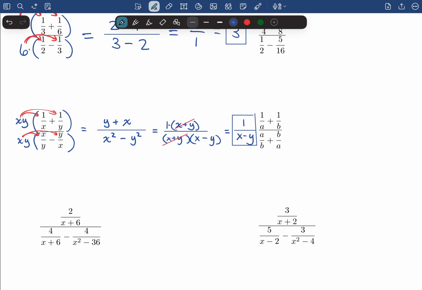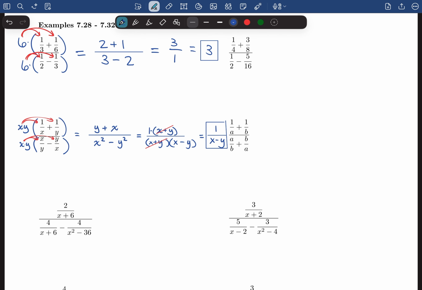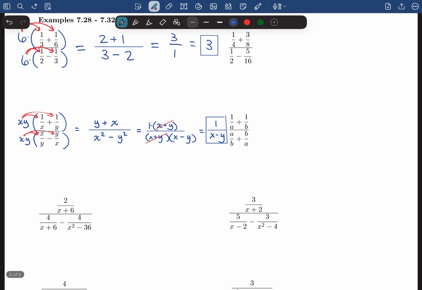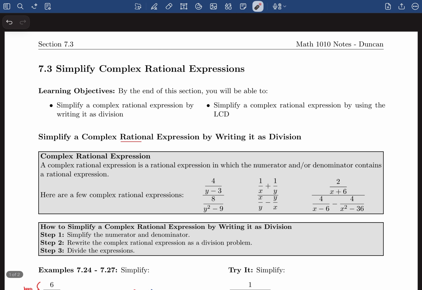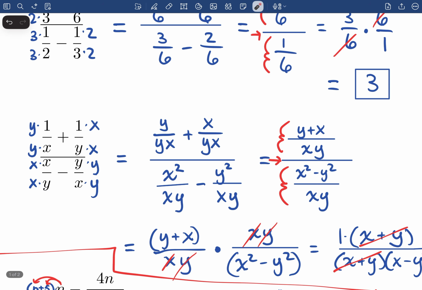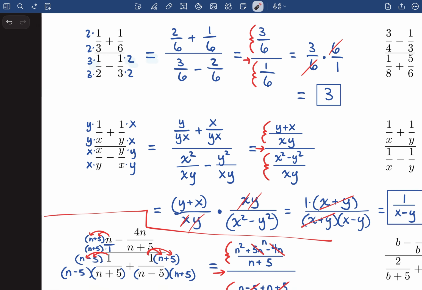So looking back, we had answered this question earlier, right? We had done this same type of problem. Okay, and looking at it, this is the way we did it, right? Here's the process that we used. We got a common denominator of the top, common denominator of the bottom, and then we rewrote the whole thing, and then we combined the fractions into single fractions, and then we did keep, switch, flip.